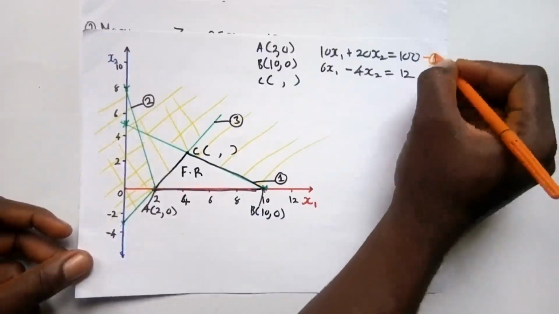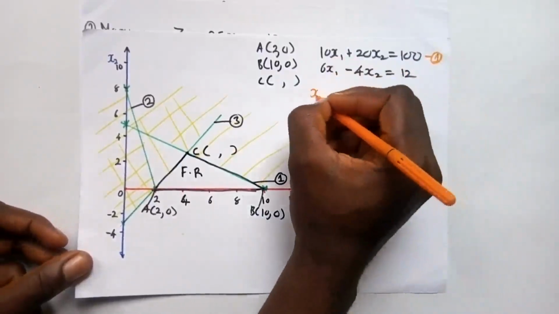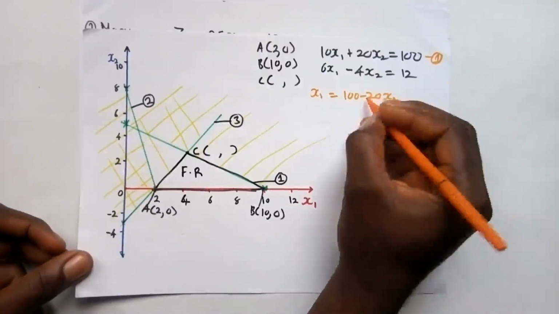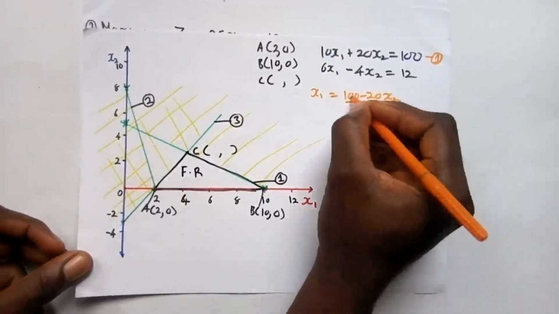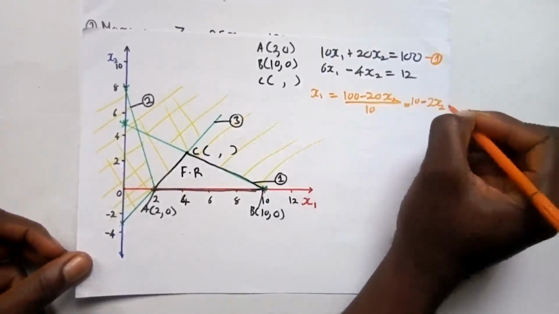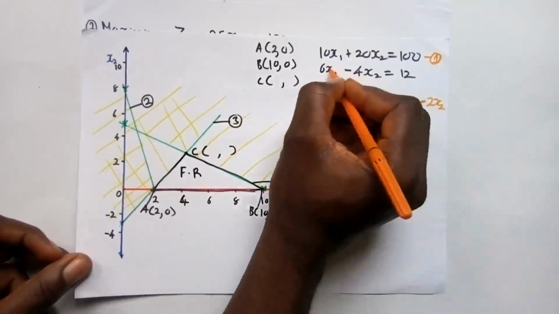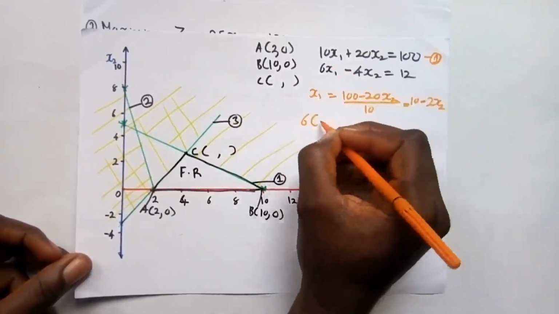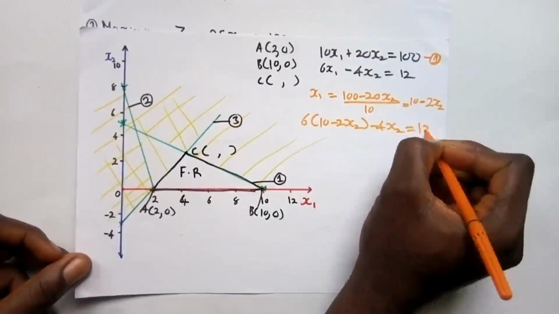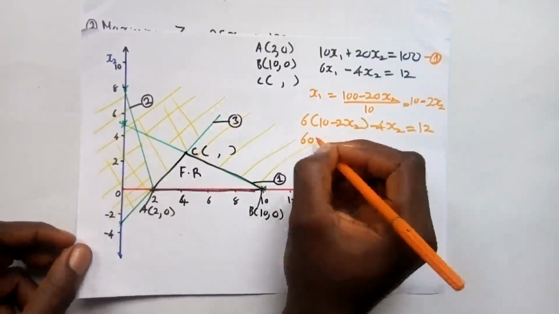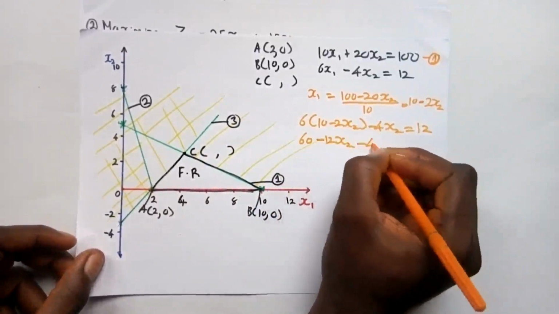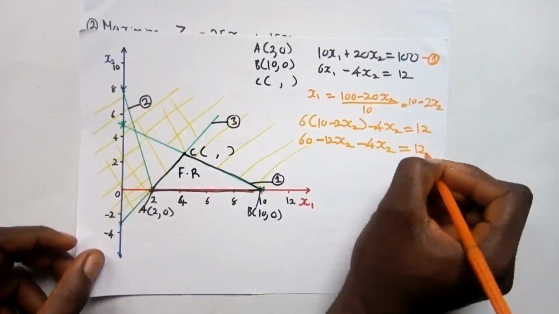From the first equation, we can make S1 the subject of the formula. S1 is equal to 100 minus 20S2 all over 10. So 100 divided by 10 is 10, minus 20 divided by 10 is 2S2. So putting this inside the second equation, 6 bracket 10 minus 2S2 minus 4S2 is equal to 12. 6 multiplied by 10 gives us 60. 6 multiplied by minus 2S2 gives us minus 12S2, minus 4S2 is equal to 12.